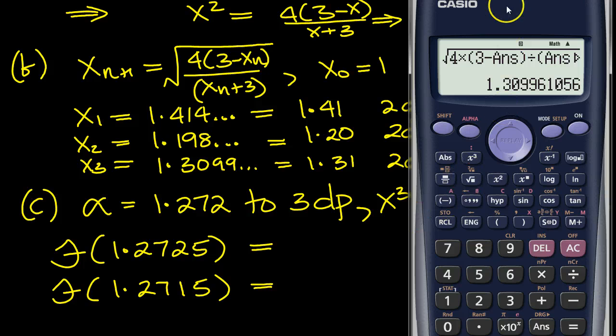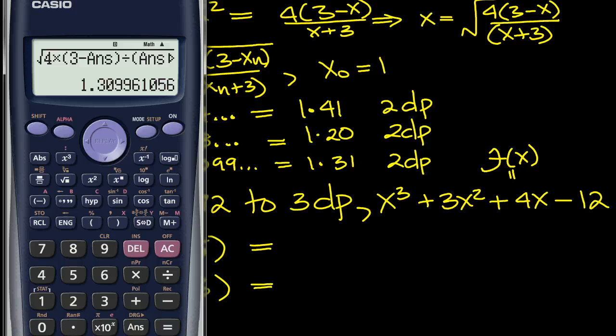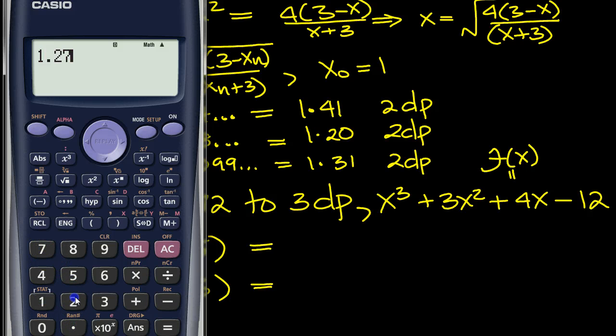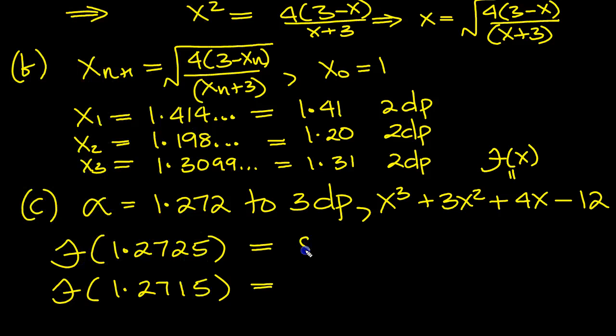So let's put it in the calculator then. 1.2725 cubed plus 3x squared, plus 3 times 1.2725 squared, plus 4x, 4 times 1.2725, minus 12, equals 8.2 times 10 to the minus 3, which is positive.